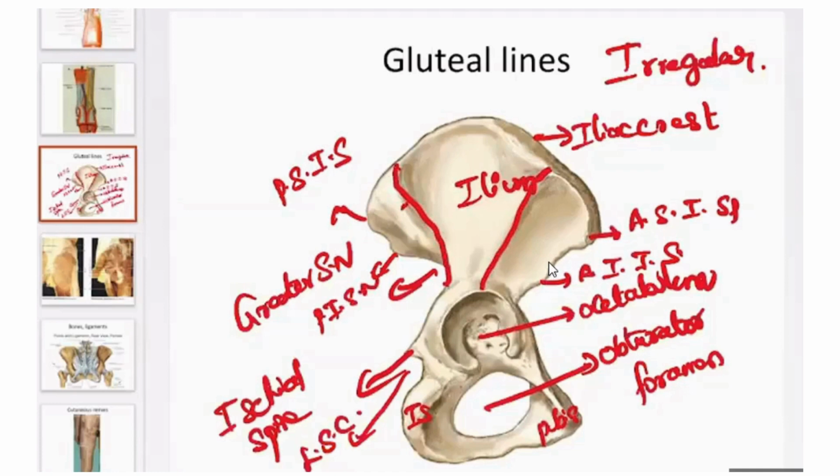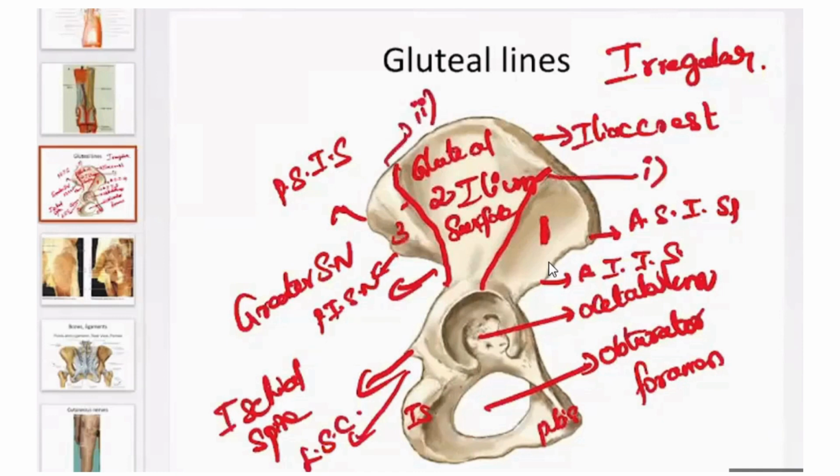This is the gluteal surface. It's divided into how many areas? Number 1, 2, 3. By means of how many lines? Line number 1, line number 2. Two lines divide the gluteal surface of the ilium into 3 areas.